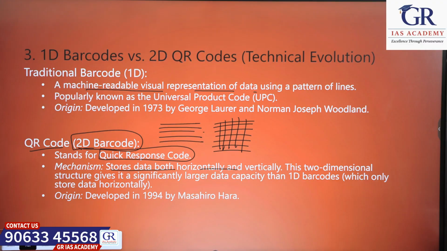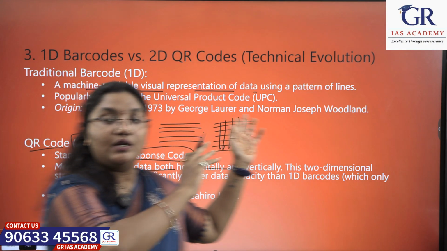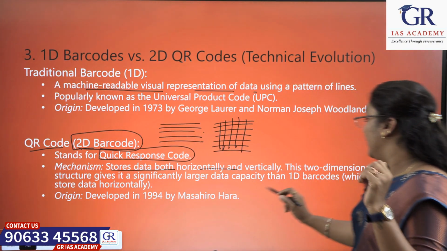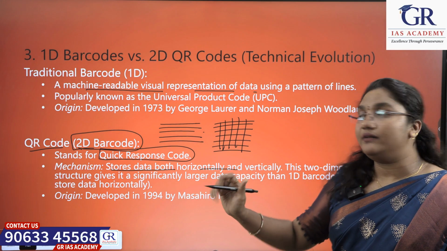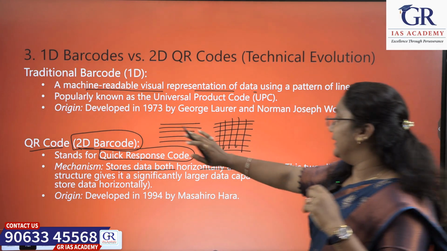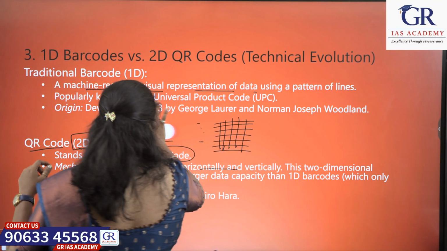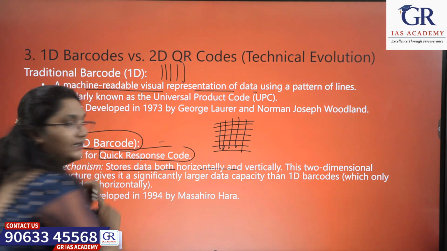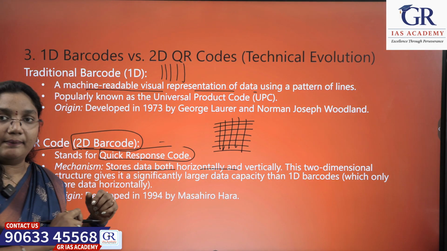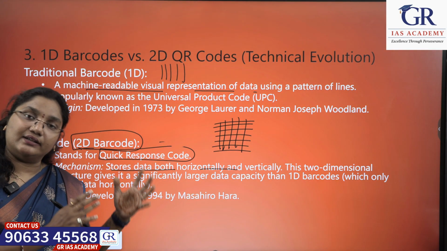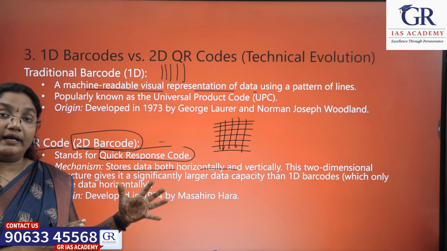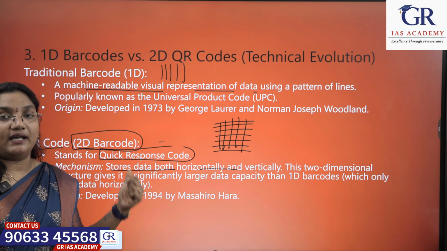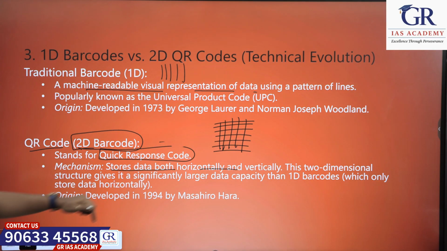This two-dimensional structure gives it a significantly larger data capacity when compared to a one-dimensional barcode, which stores data only horizontally, not vertically. Whereas the 2D barcode stores the data horizontally as well as vertically. More data is stored in a two-dimensional barcode compared to a one-dimensional barcode.